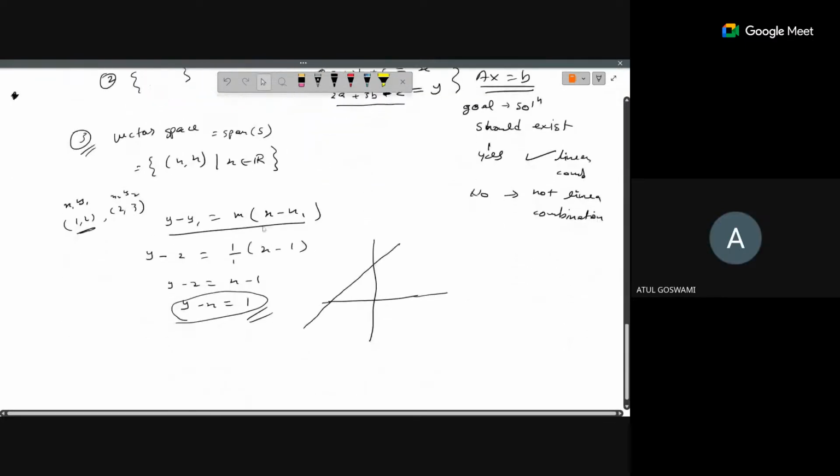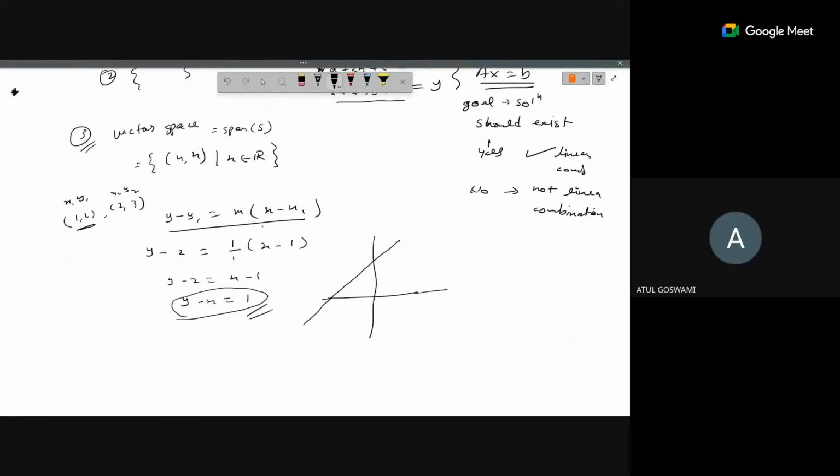Because (0, 0) is always a point in the vector space, right? So if we include (0, 0) as well in this line, then we have to remove one vector. Suppose this, and we take (0, 0) instead. Then we make the equation of the line.